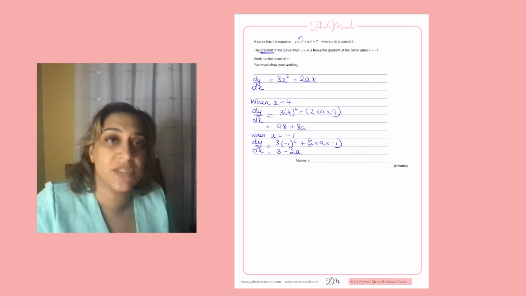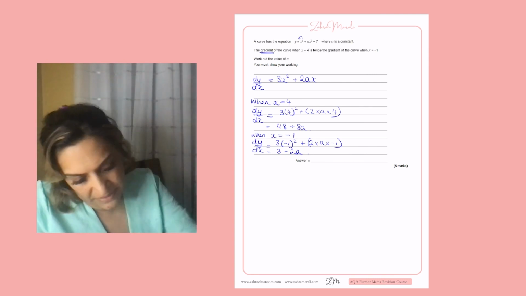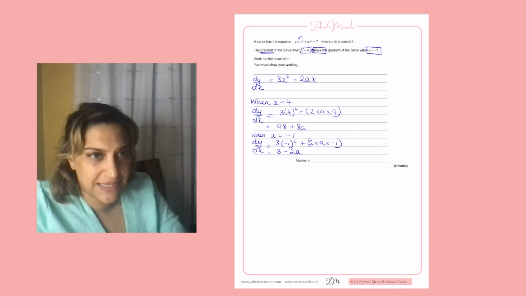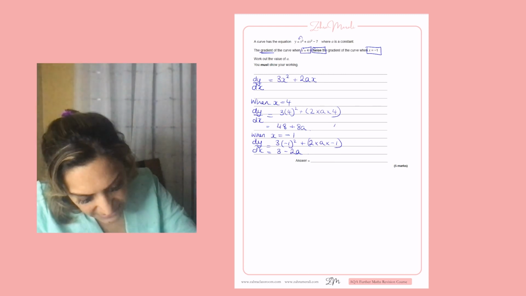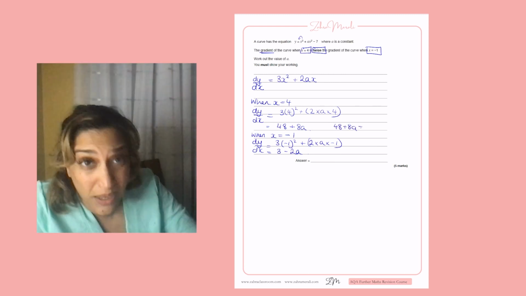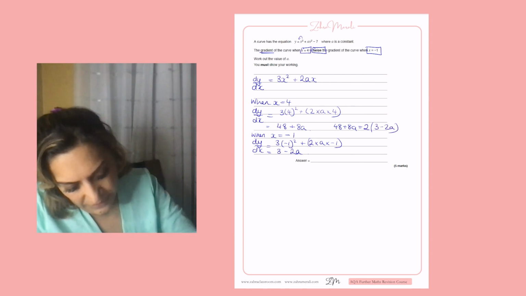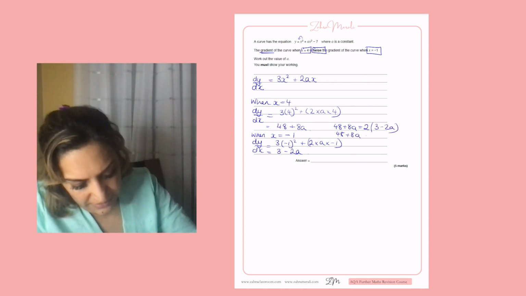And now what does the question say? The one when x equals 4 is twice the one when x equals minus 1. So that tells us 48 plus 8a is twice, so 2 lots of 3 minus 2a. So when we open out those brackets, we've got 6 minus 4a.